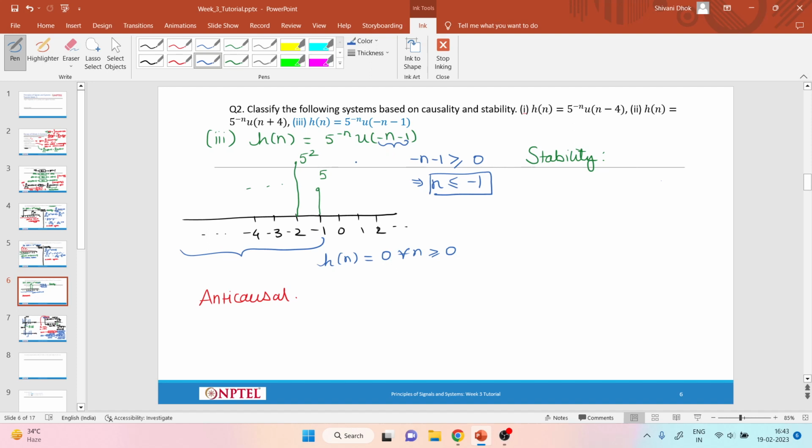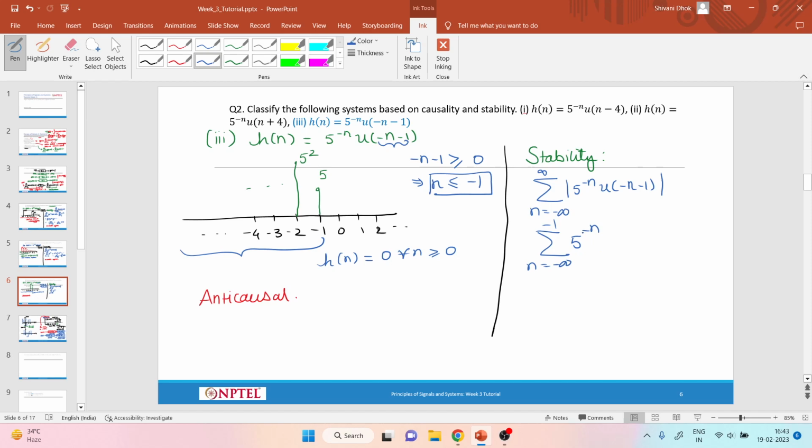So let's get back to this question and look at its stability. Again, we'll look at the summation n running from minus infinity to infinity, mod of 5 power minus n u of minus n minus 1. This is running from minus infinity to minus 1, so I can write it as n running from minus infinity to minus 1, 5 power minus n.